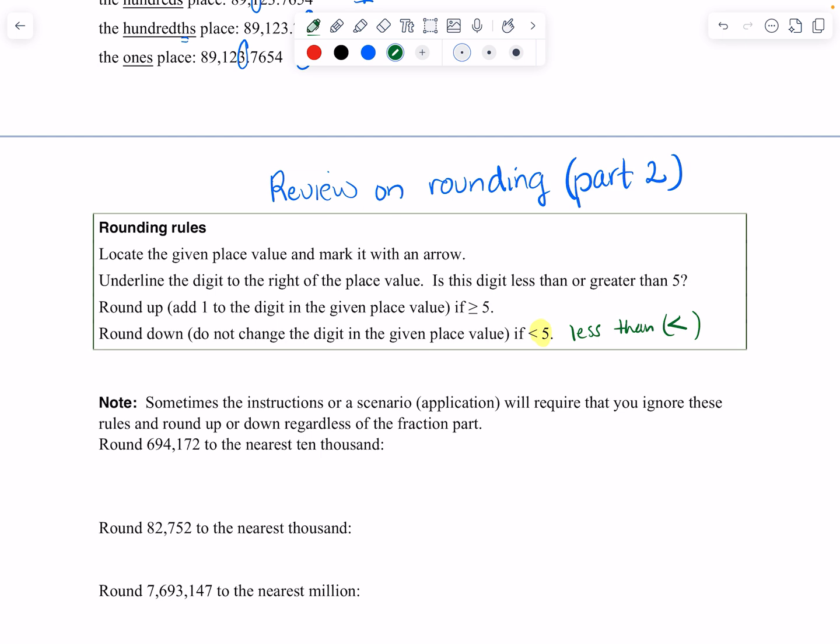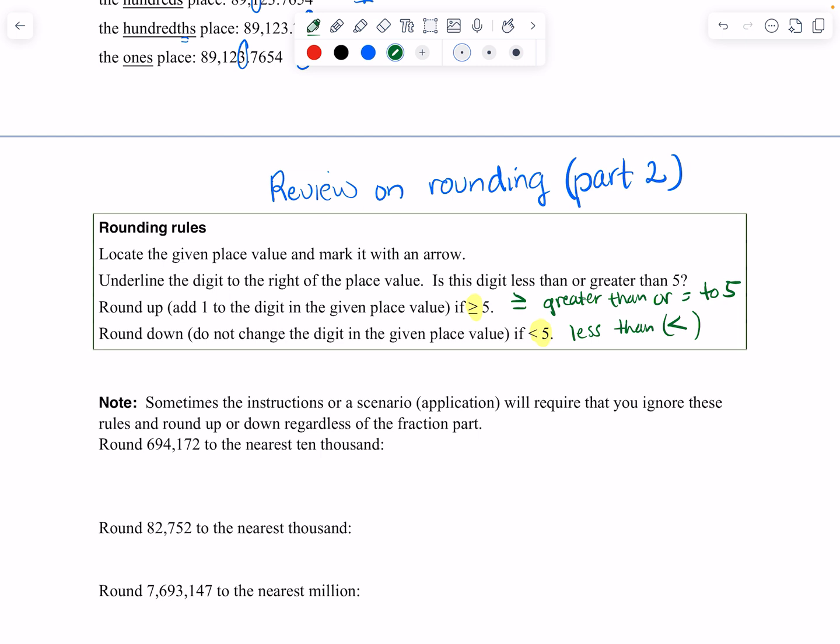If that digit is greater than or equal to 5, and this symbol here is greater than or equal to 5, that means that we're going to round up the digit in question that has the arrow over it, and then we're going to put zeros following that value.